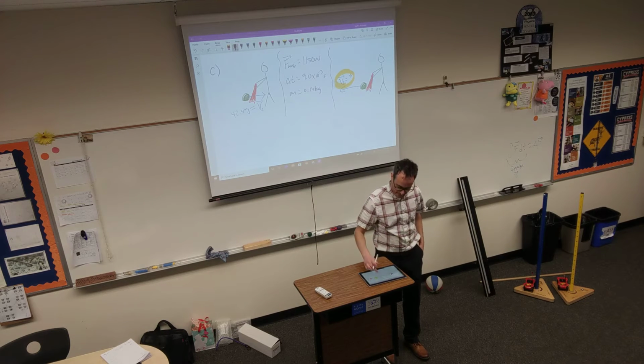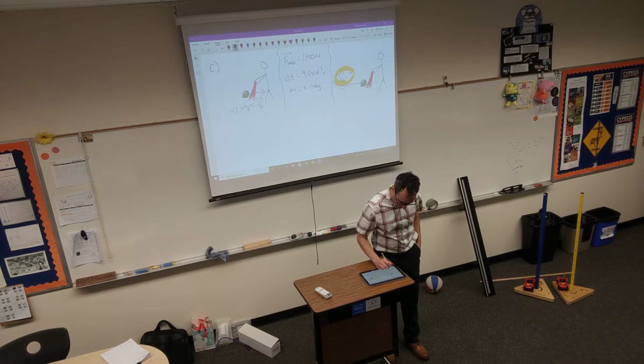So they are all average values, so I'll solve this using F net delta t is equal to my change in momentum, so that's my final momentum minus my initial momentum. Sorry, I'll say 3 to 2, right? Yeah.